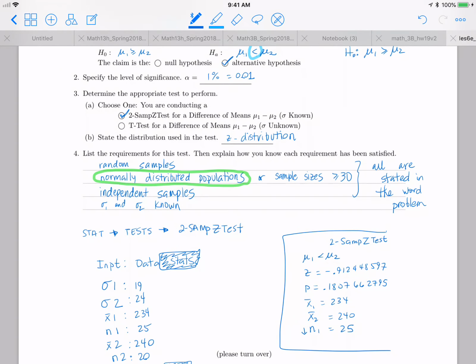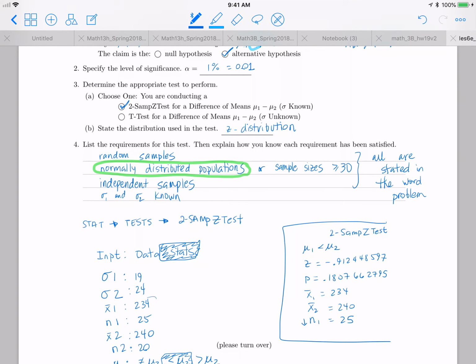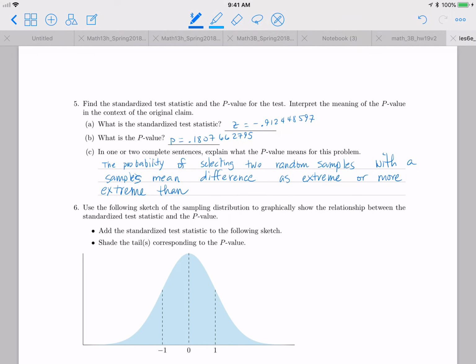Our sample mean difference would have been x1 bar minus x2 bar, so 234 minus 240, which would be -6. So -6 is, what is the probability? It is 0.18076.